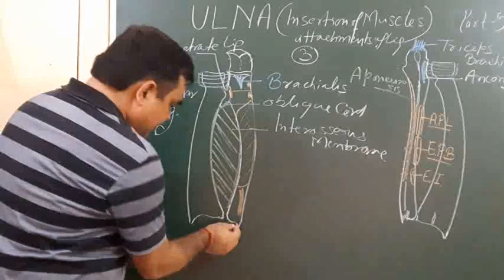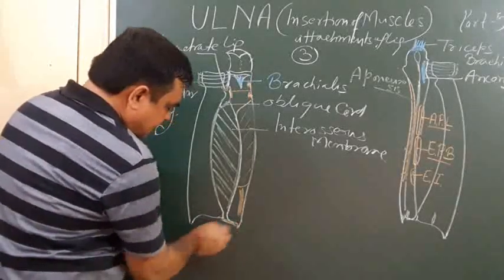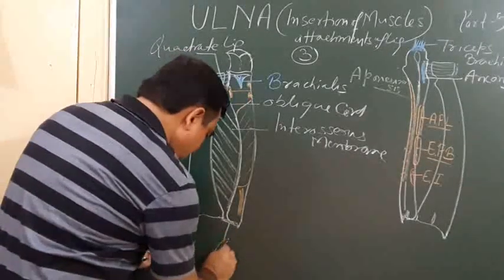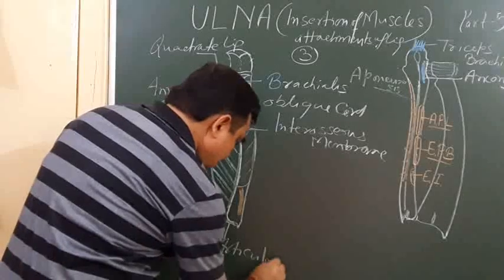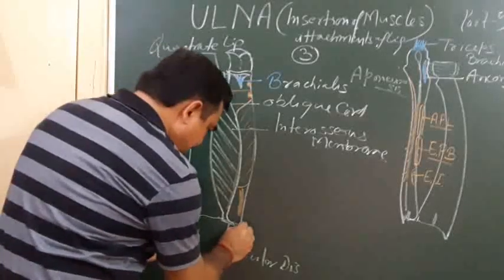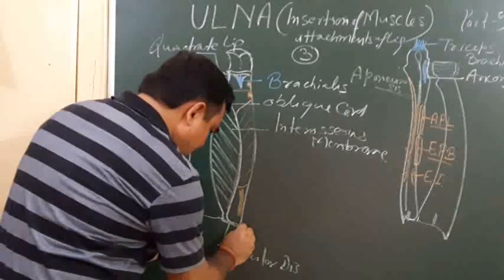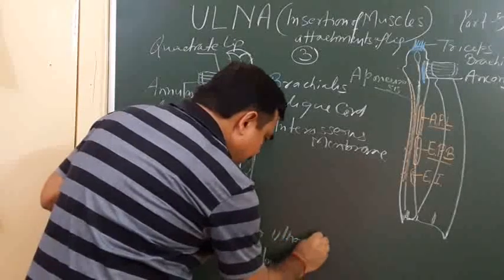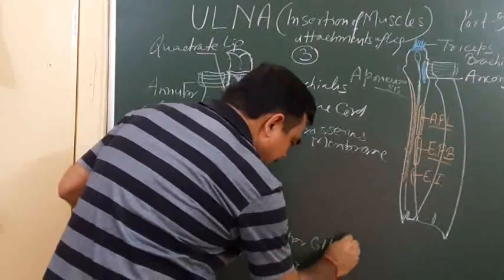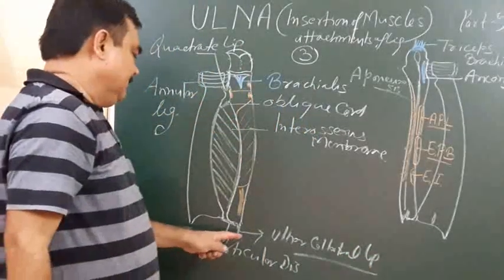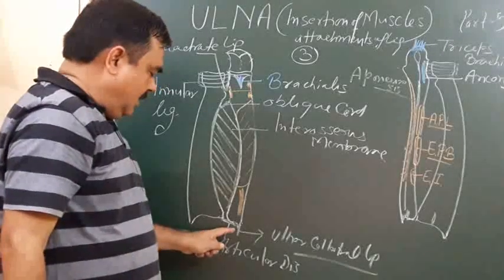Here is articular disc. And here some fibers of the styloid process, the ulnar collateral ligament of the inferior radioulnar joint.